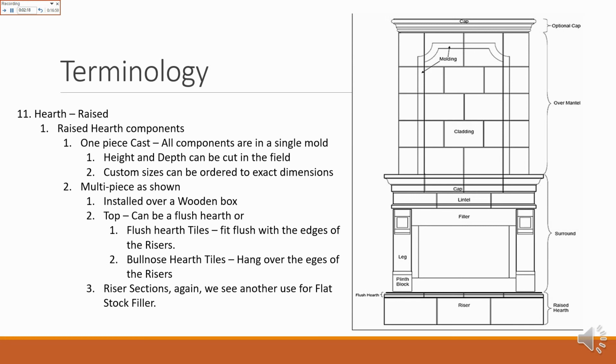So the riser is nothing but flat stock. So there's 3 places we've used flat stock. We've used them for the riser, we've used them to trim around the inside for filler, and we've used them to make the cladding. All right, so it could be a wooden box with hearth tiles on the top. It could have the facing then be flat stock. You can use flush tiles or you can use bullnose.